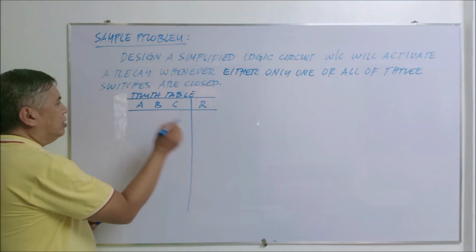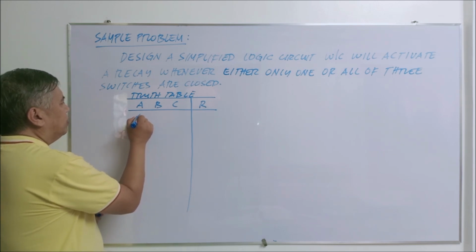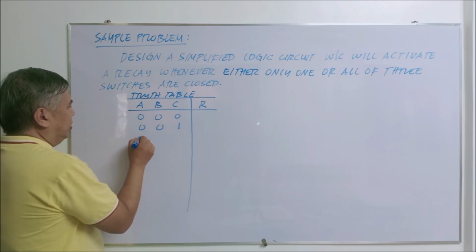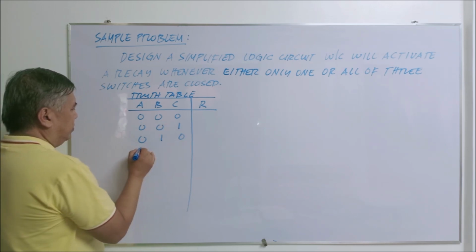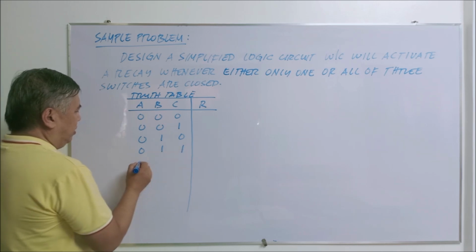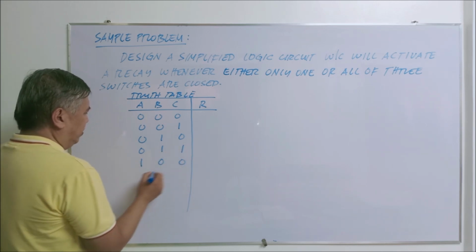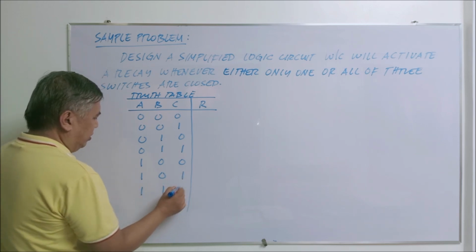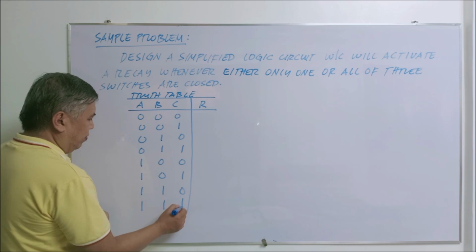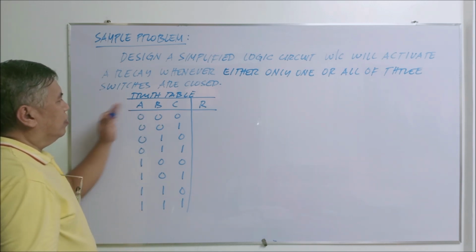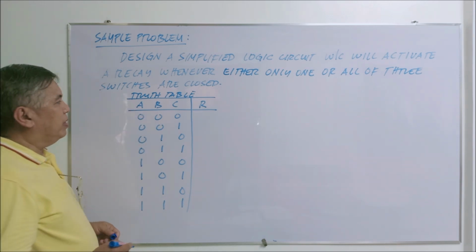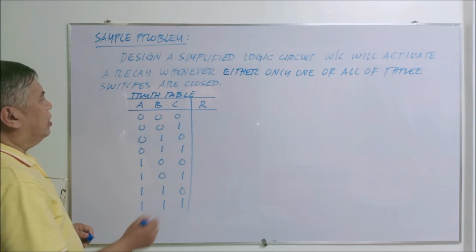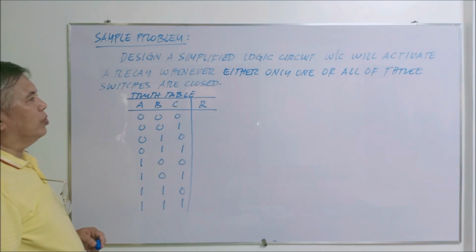The combinational values of A, B, C are 000, 001, 010, 011, 100, 101, 110, 111. These are the combinational values of inputs A, B, and C. Then, how do we obtain the output R?